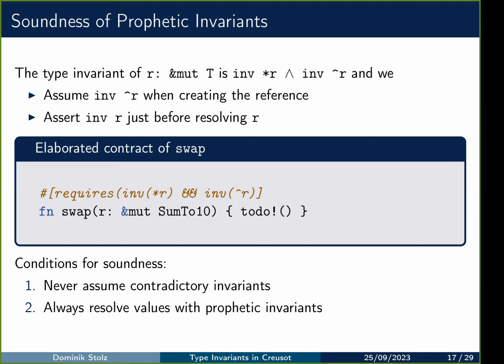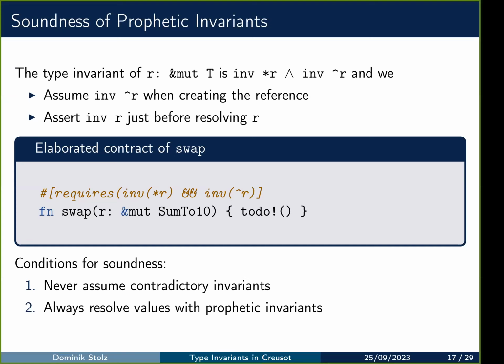And then when we create a reference, we assume the invariant of the prophetic final value. And then when we resolve R, that means at the point where we know the actual value of the prophecy, at this point we assert that the invariant holds for this final value.